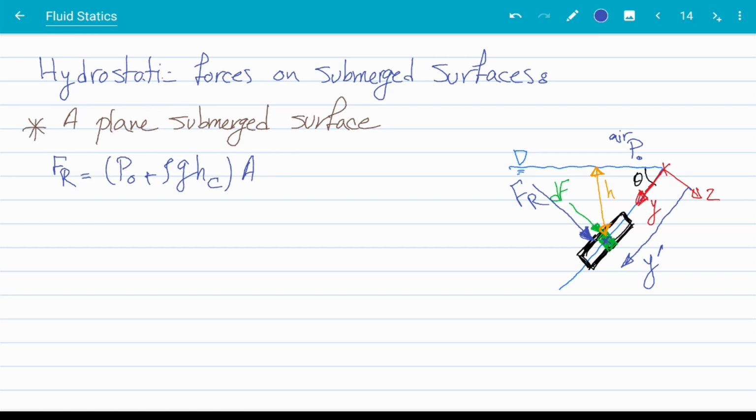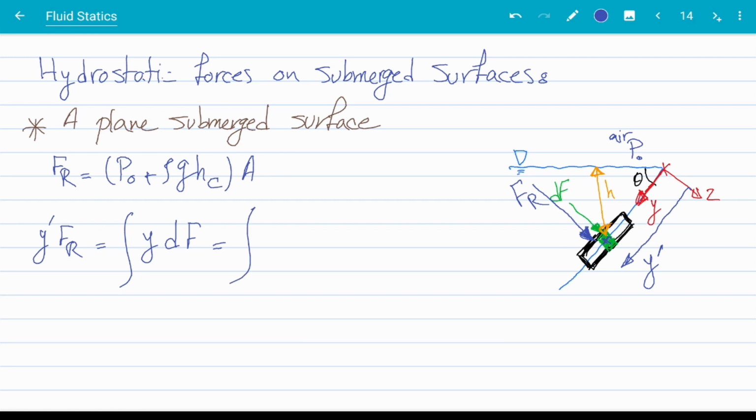So again, this is a trick that we learned in statics. In order to find y prime, I can use this following equation. I'm not going into the detail of how to achieve this equation. It is discussed in detail in statics. Here, I'm just going to use it. Y prime times Fr is equal to the integral of y dF.